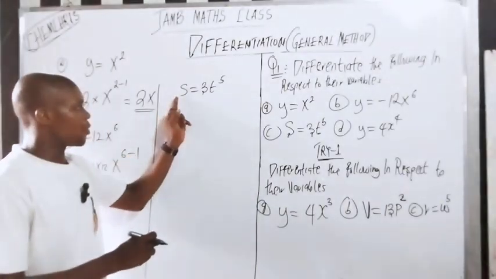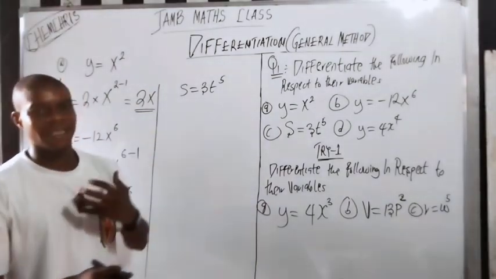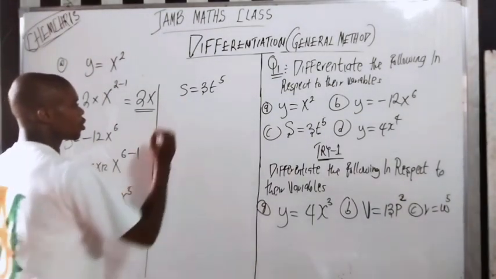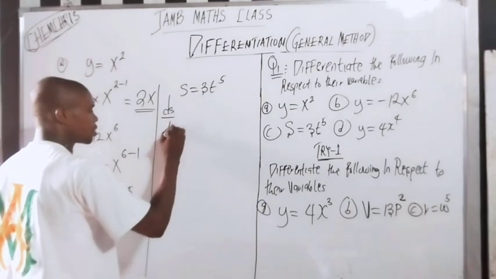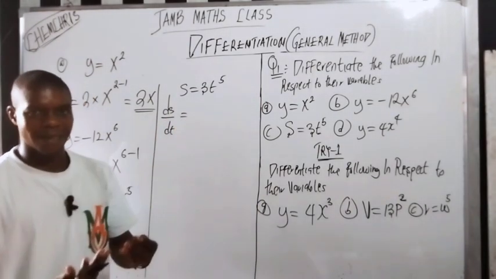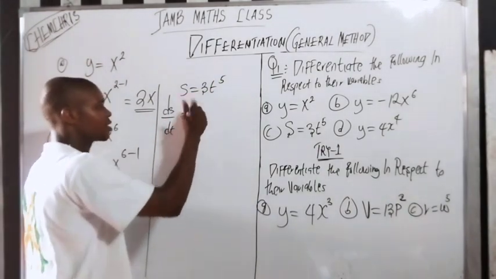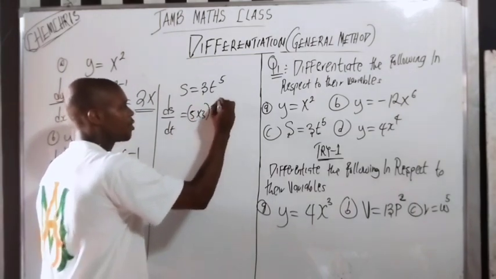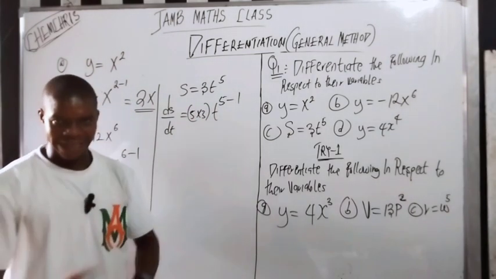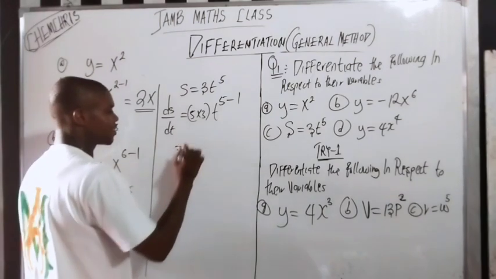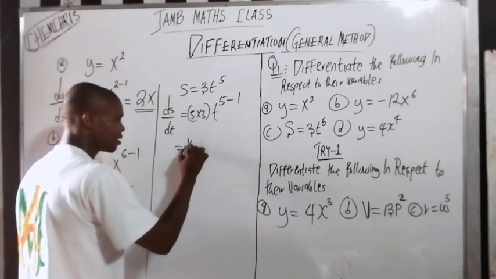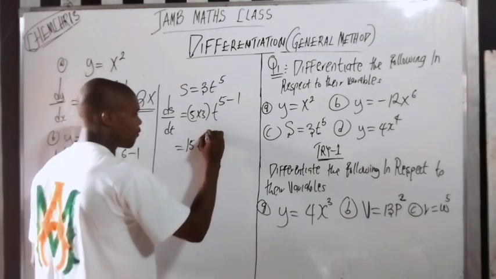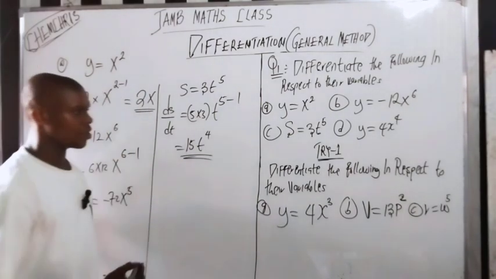No, because here we have x and t. So you are differentiating x with respect to t. So it's going to be dx over dt equals the same format. So it will be 5 times 3, then t raised to 5 minus 1. Easy. So you're going to get 5 times 3 is 15, then t to the power 5 minus 1 is 4. So this is the answer, right?